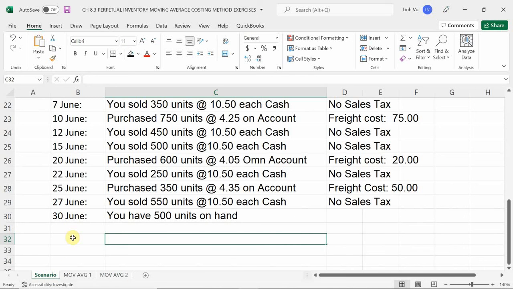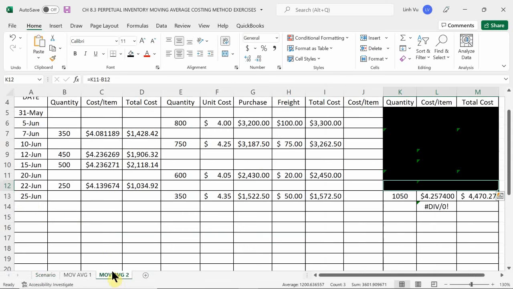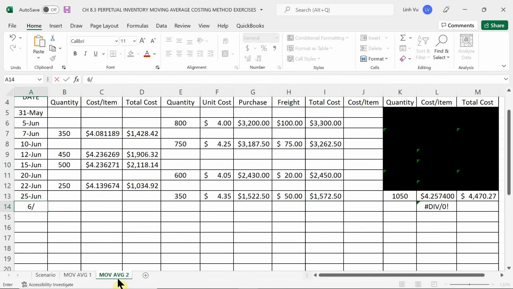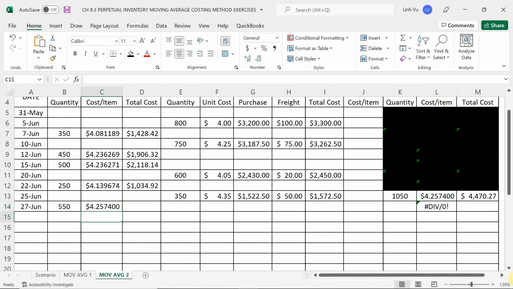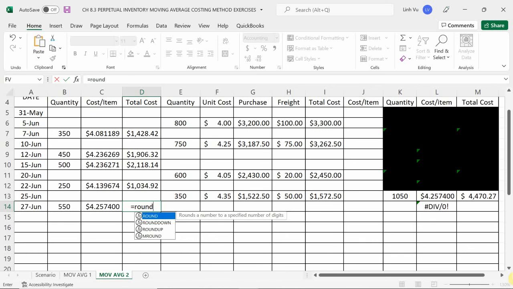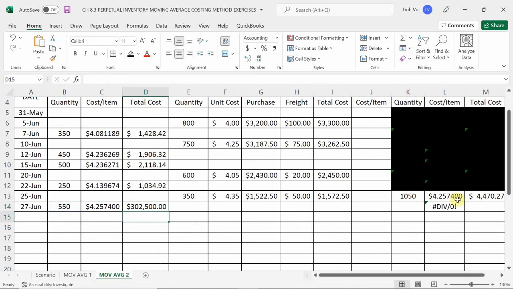Last transaction of the day says that on June 27, you sold 550 units, giving you a remainder at the end of the month of June to have 500 units left on hand. Okay? So, June 27, we sold 550 units at that 4.25. Okay. So, what is my total cost of goods sold here? $2,341.57. Oh, I guess I did it again.